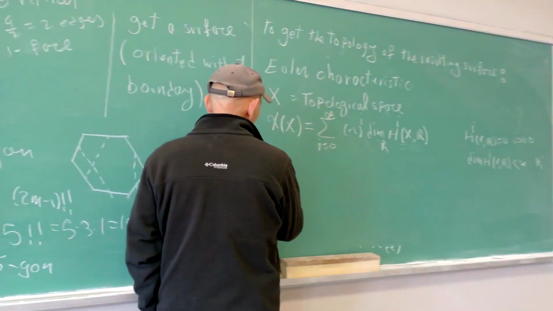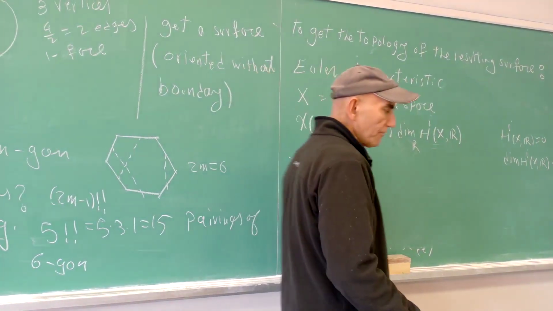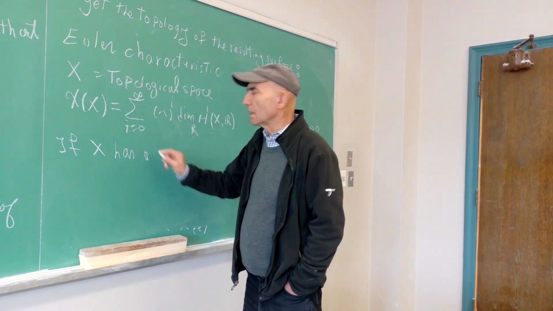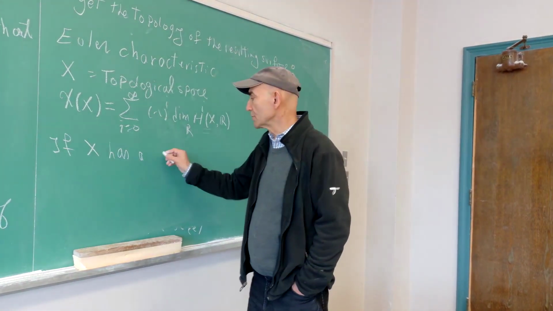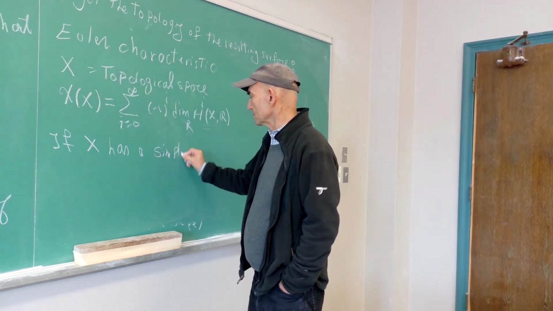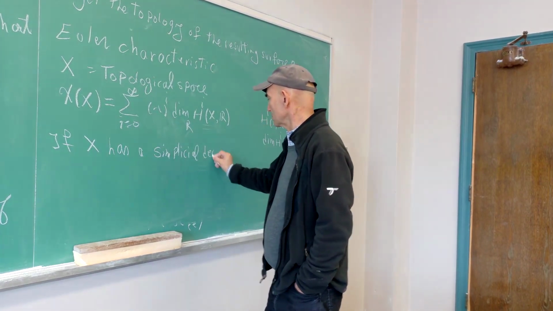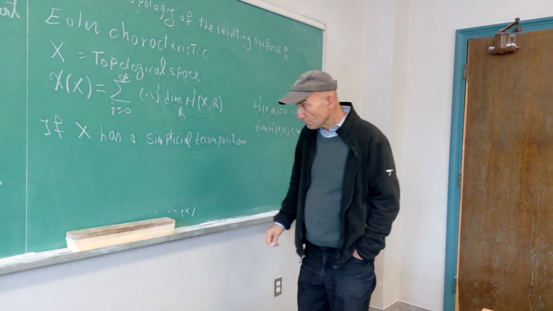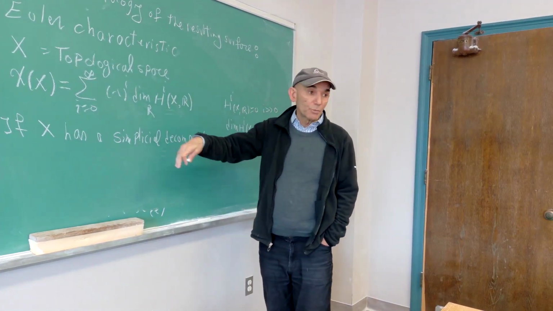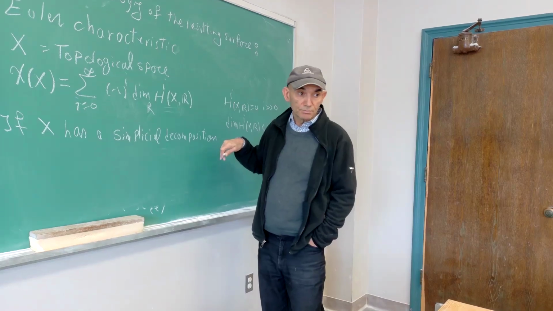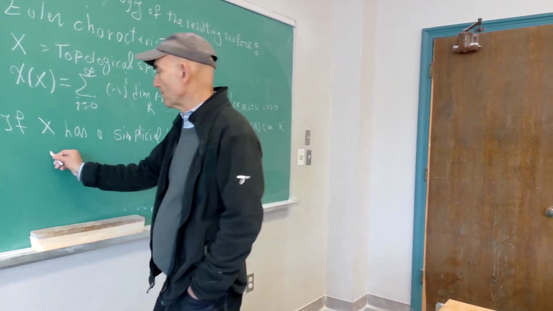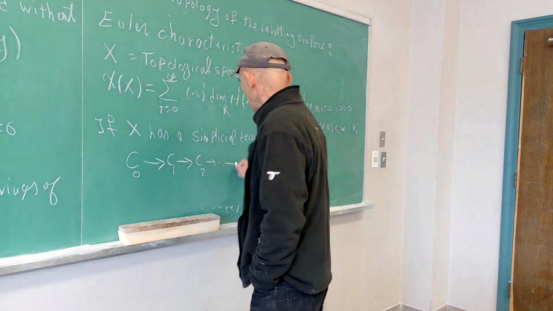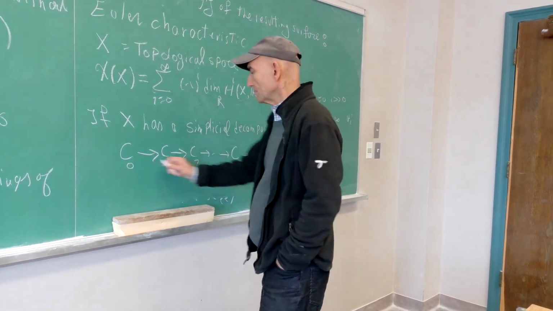So now if X happens to have a simplicial decomposition, its cohomology can be obtained from a finite dimensional complex, C0, C1, C2, say up to CK, and then 0.